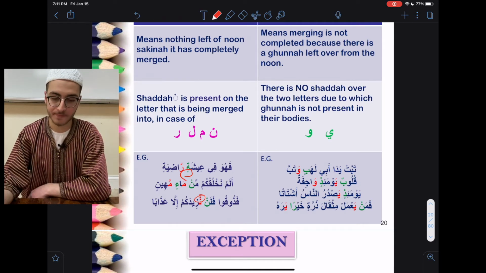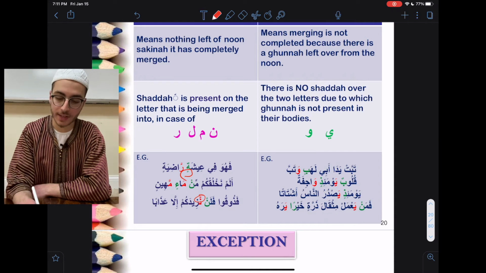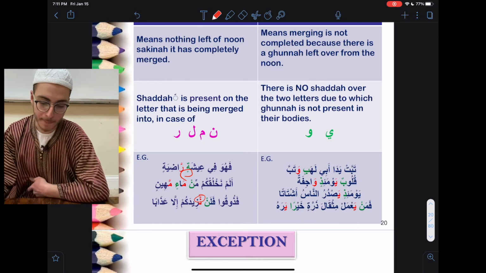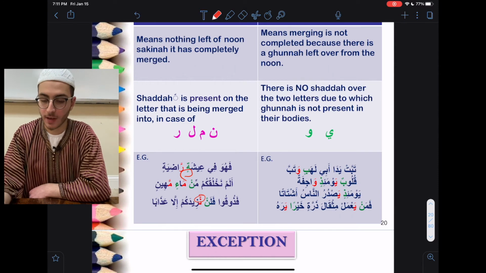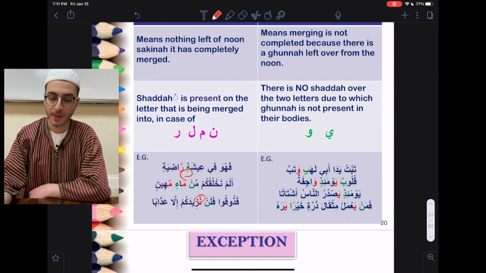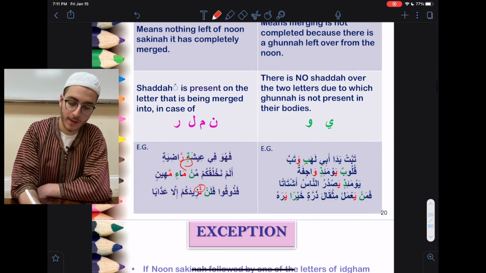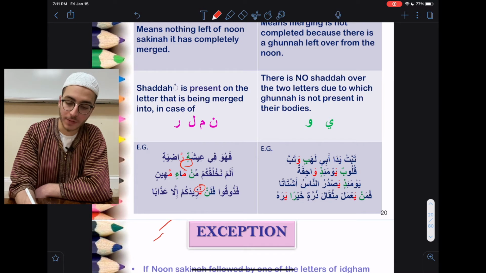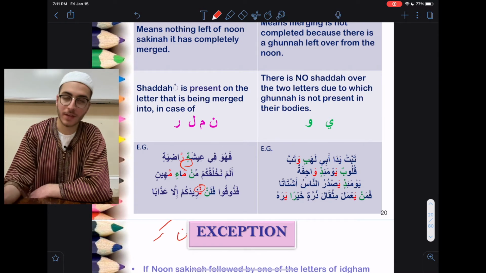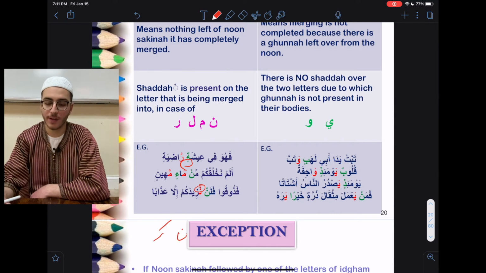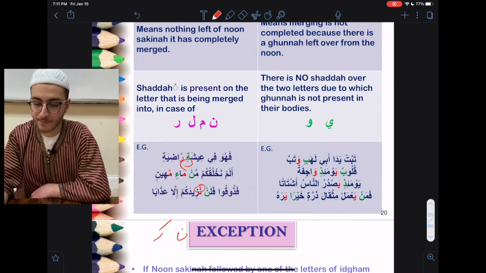Falan nazidakum. Okay? And you'll see this in the other examples as well. عيشة راضية ما إمهين. They both have those shaddas. And also, when you look in the mushaf, this is how you know it's idgham, by the way. The tanween is separated. And when you look at the nun sakina, there's nothing over it. There's no symbol.